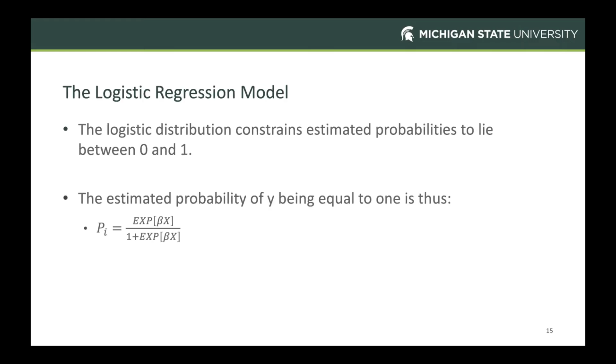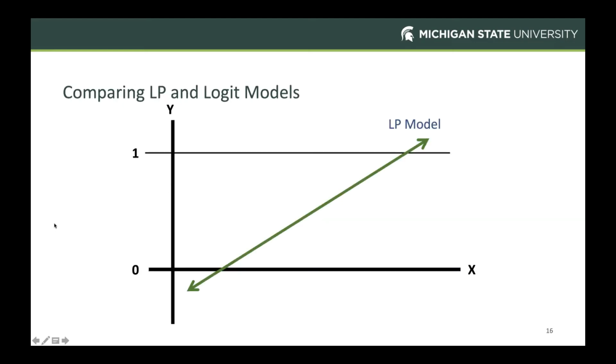And so our probability, for example, of a driver stopping would just be the exponential of that function divided by 1 plus the exponential of that function. Stated alternately, it would be equivalent to 1 over 1 plus the exponential of negative beta x. And that's just going back to the underlying calculus here, okay? And so that's the framework that we're working in.